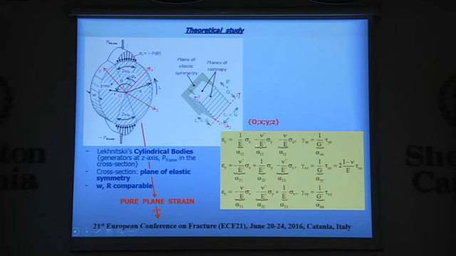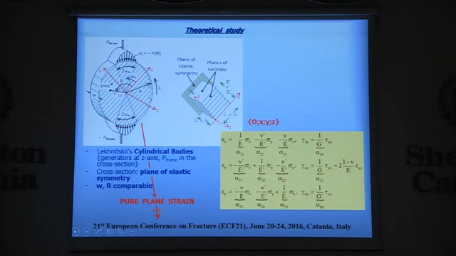In our case, E, nu, and G will represent the Young modulus, the Poisson ratio, and the shear modulus in the planes of isotropy along the so-called strong direction, whereas the respective quantities with primes will represent the corresponding elastic constants normal to these planes, along the so-called weak direction.